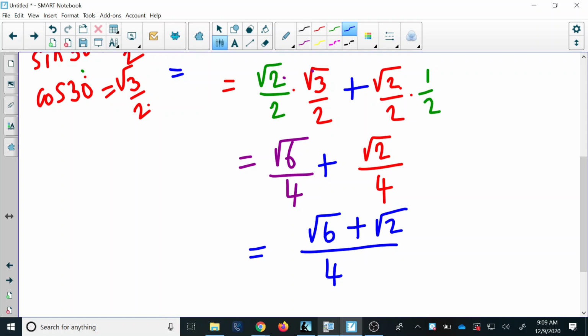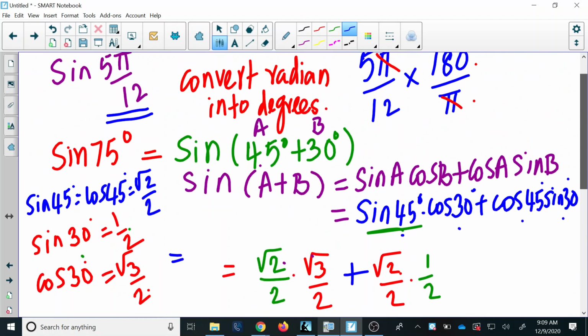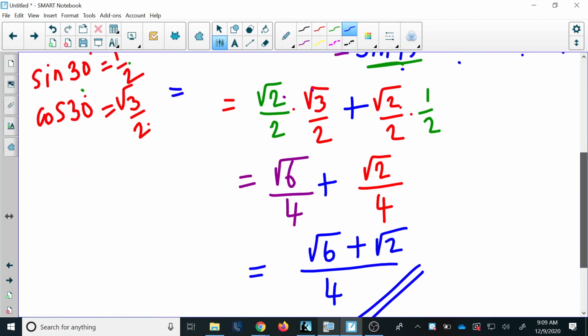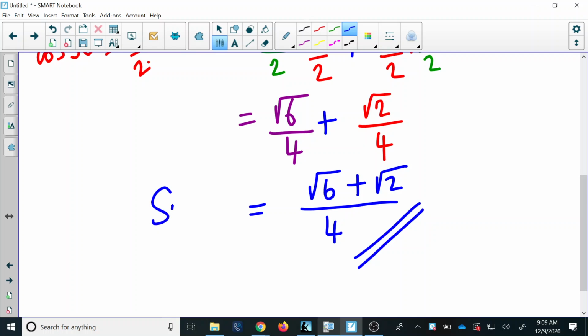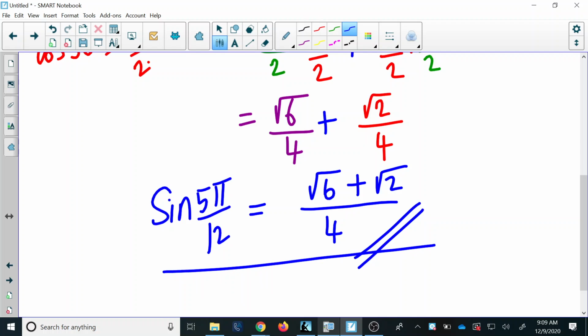You cannot combine these two terms because they're not like terms. So that's your final answer for sine 75. Going back to the question, sine 5 pi over 12 is square root of 6 plus square root of 2, over 4.